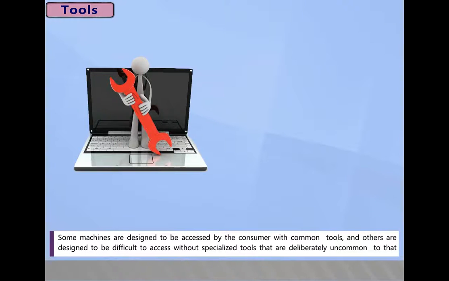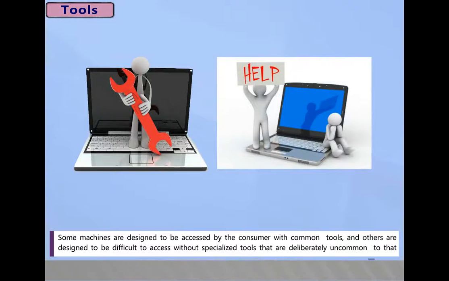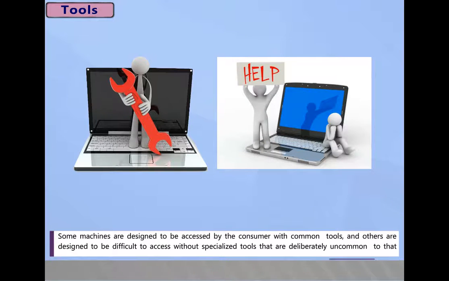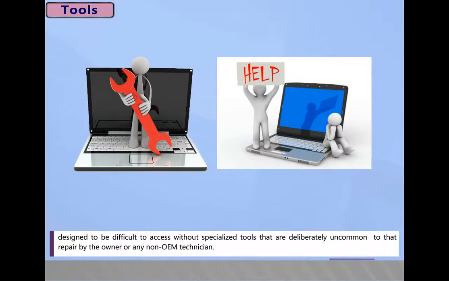Some machines are designed to be accessed by the consumer with common tools, and others are designed to be difficult to access without specialized tools that are deliberately uncommon to that repair by the owner or any non-OEM technician.